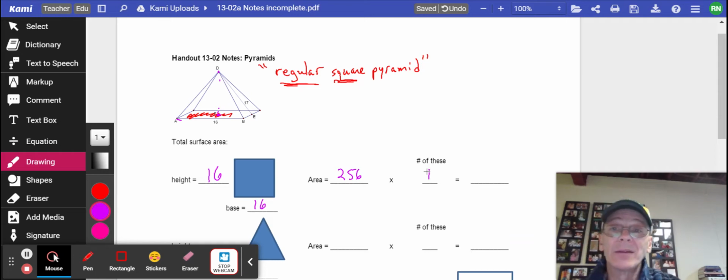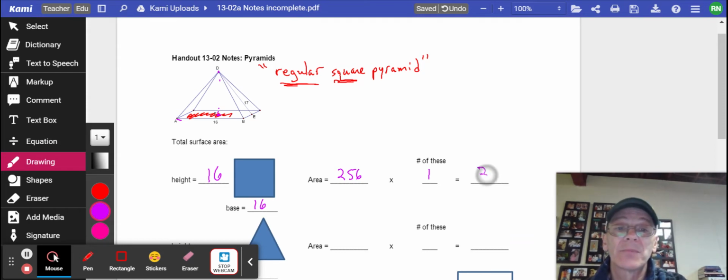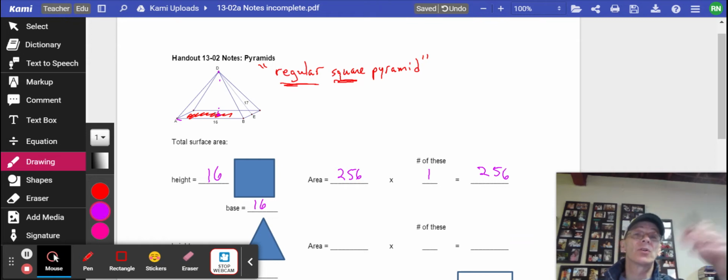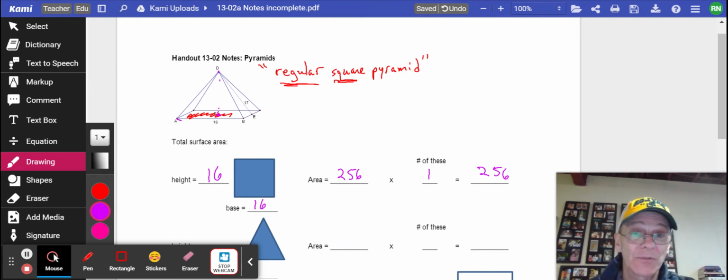There's only one surface of the pyramid that is that size and shape, right? Unlike in the rectangular prism that we did in our notes in the previous lesson, where there was a back that matched the front and a right that matched the left and a top that matched the bottom. I mean, every surface in a rectangular prism has a matching surface on the opposite side. Not so in a pyramid. The square has no matching surface. It's by itself.